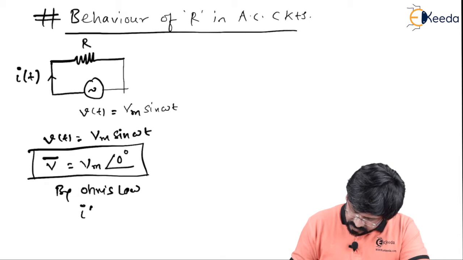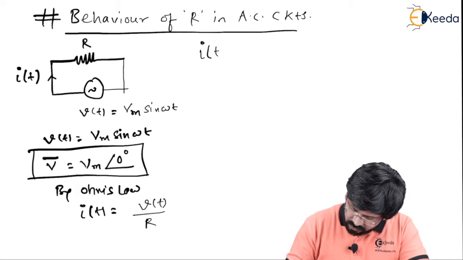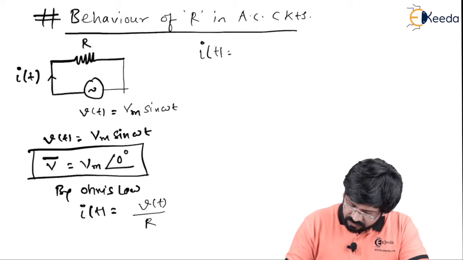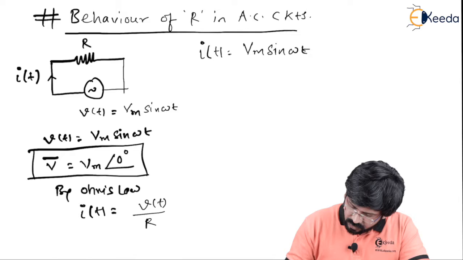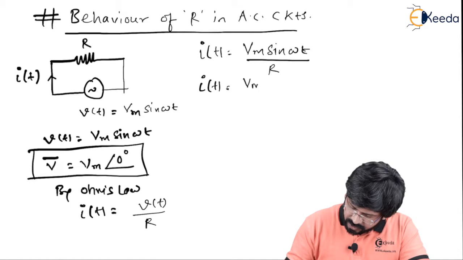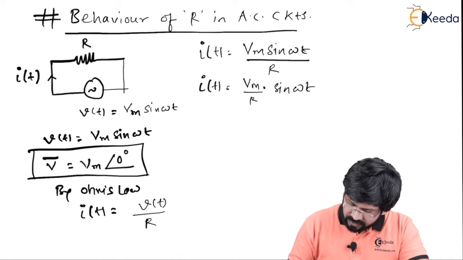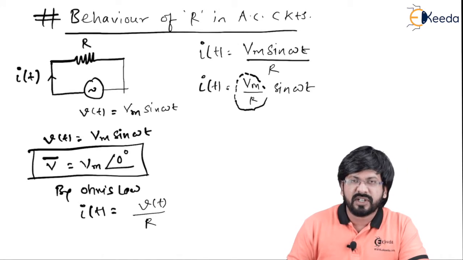So by Ohm's law, I of t is V of t by R, or I can write I of t is equal to V of t, that we have as Vm sine of omega t, whole divided by R, or I can say I of t is simply Vm by R sine of omega t. What we should have here is nothing but the peak value of the current.